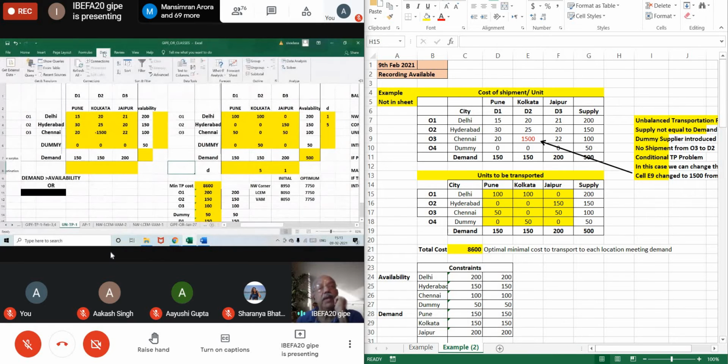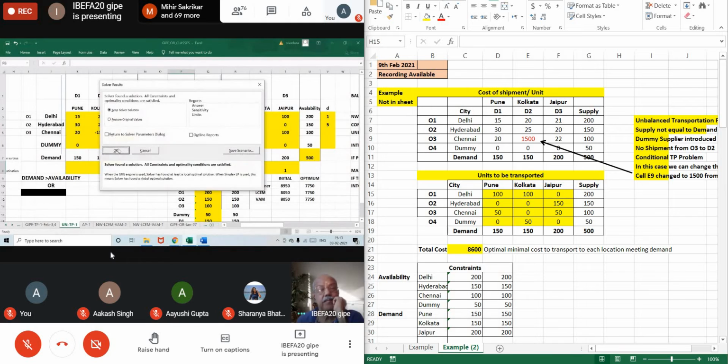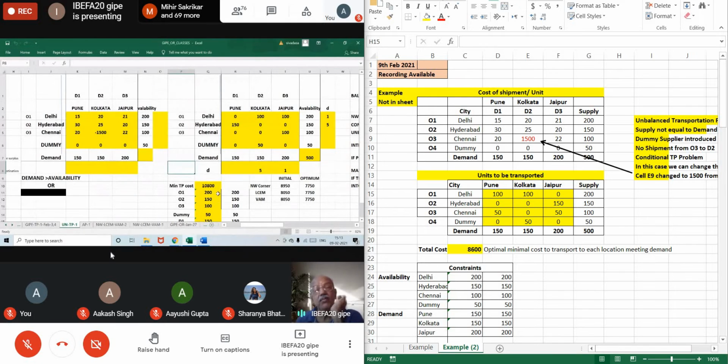See, solve it and look. $10,800. Do we have allocation from Chennai to Kolkata? No, sir. So what do you follow? Conditional allocations.